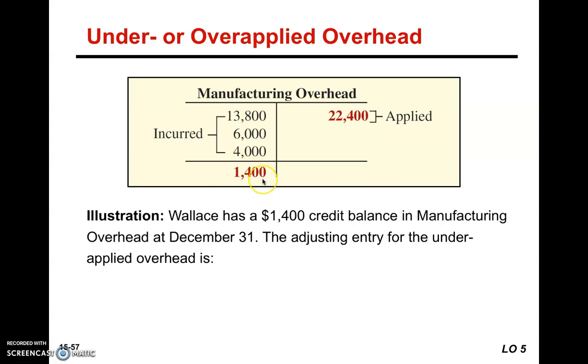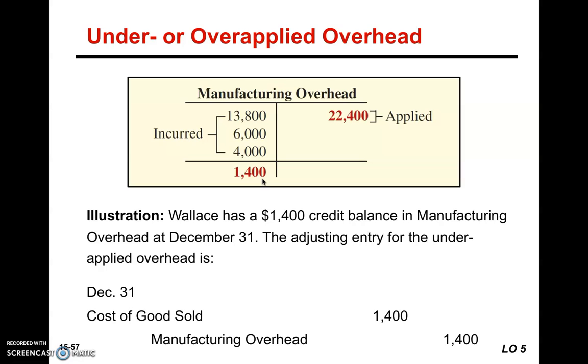If it has a debit balance of $1,400, we need to credit manufacturing overhead account to arrive at zero balance, and the other side of the entry will go to cost of goods sold. So in this case, we debit cost of goods sold, credit manufacturing overhead, and this order of the accounts, debit to cost of goods sold, credit to manufacturing overhead, is always true if we have an under applied overhead.